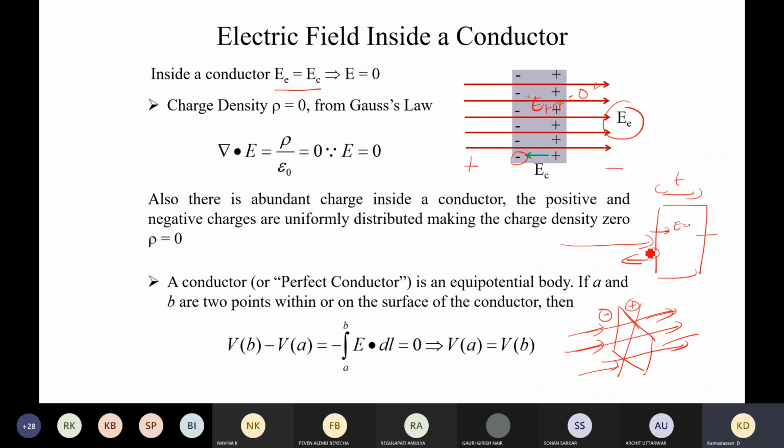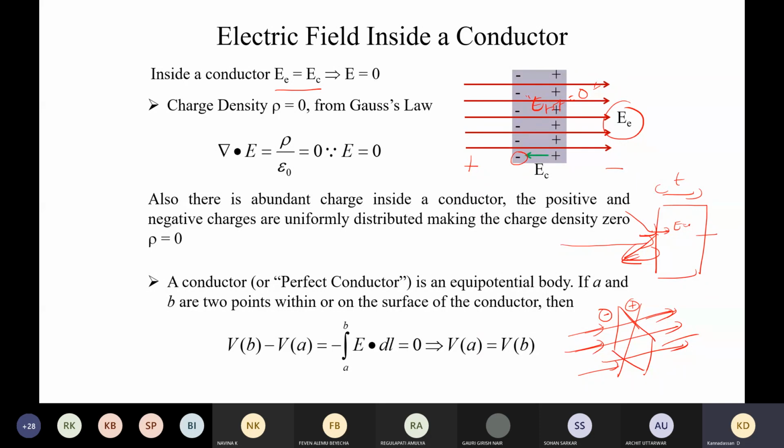So all the electric field which is coming and hitting the metal plate will be reflected back. It looks like a mirror for an electric field. So this is the general perception of the electric field whenever it is coming from outside the conductor.